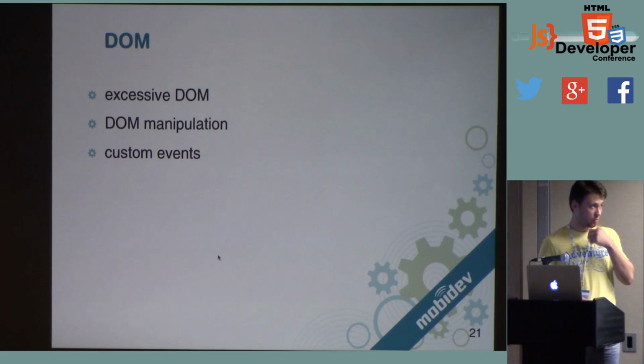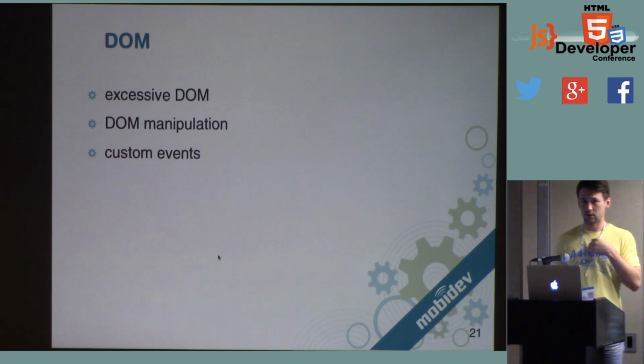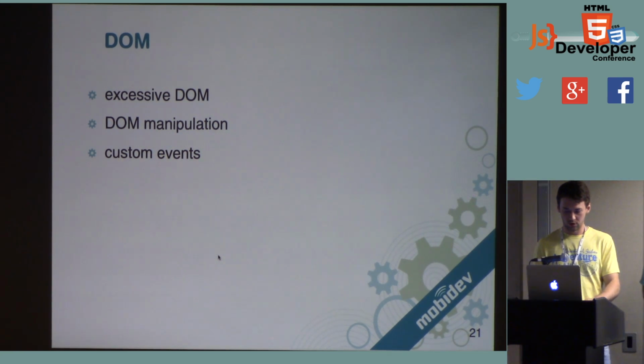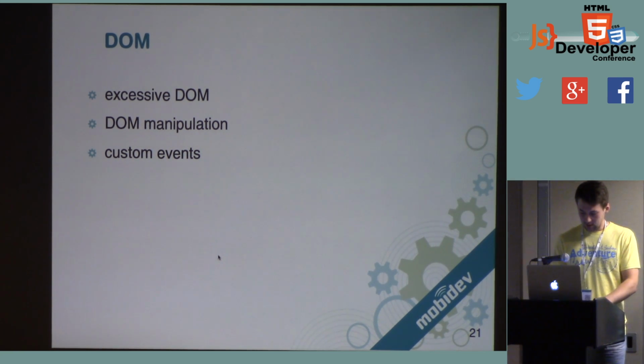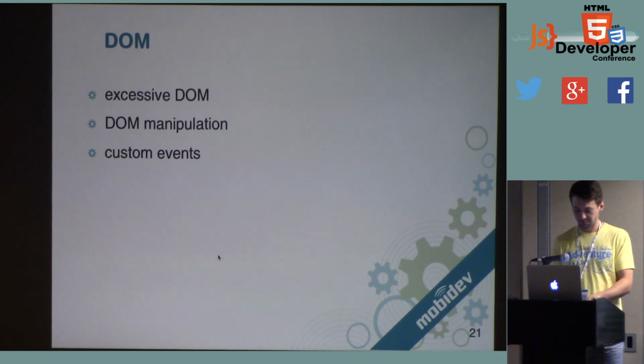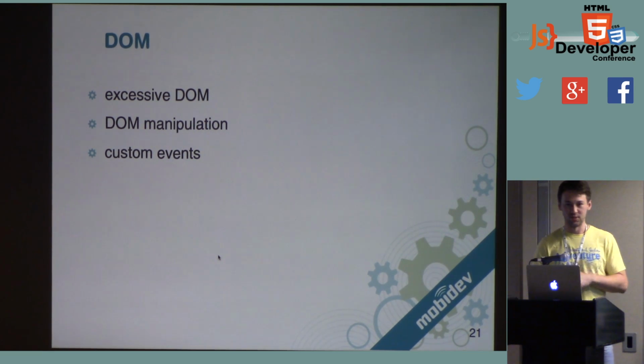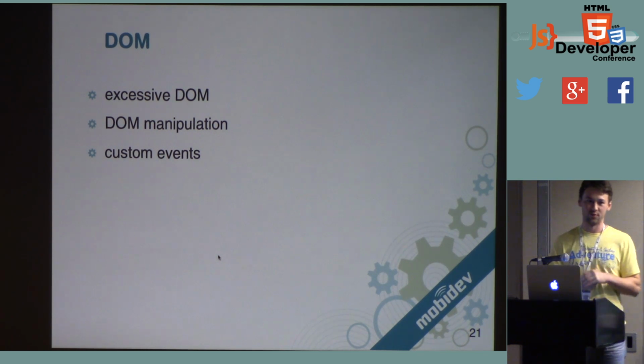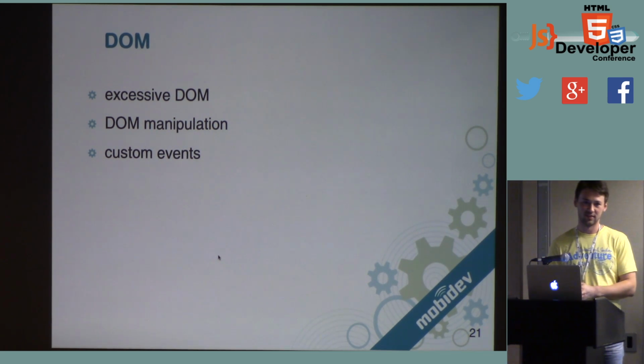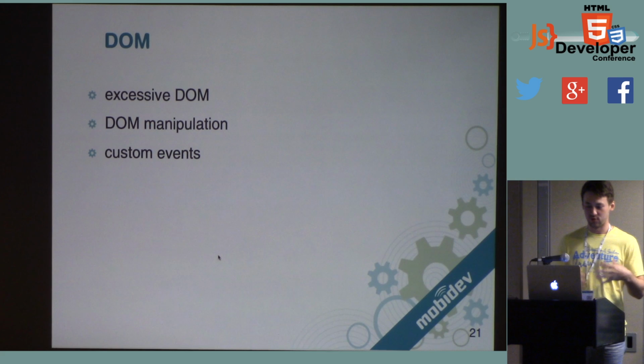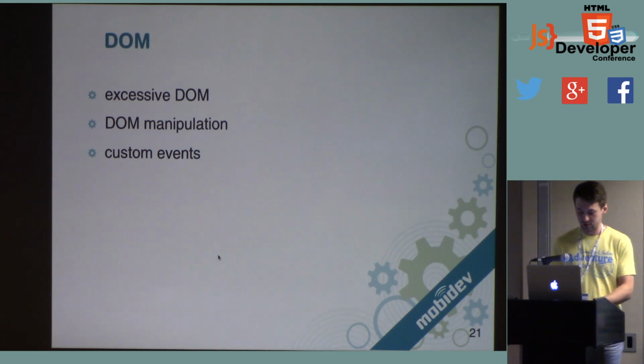The next thing, which is very important, is the document object model. Our suggestion, please do a favor, don't make your DOM too overloaded. Please keep your document object model very lightweight.